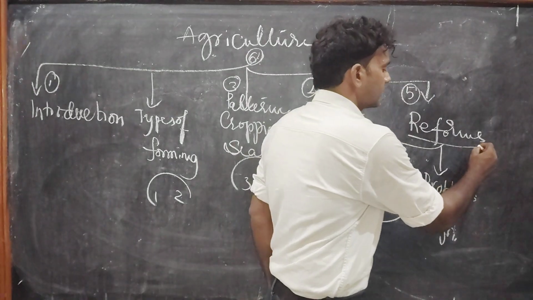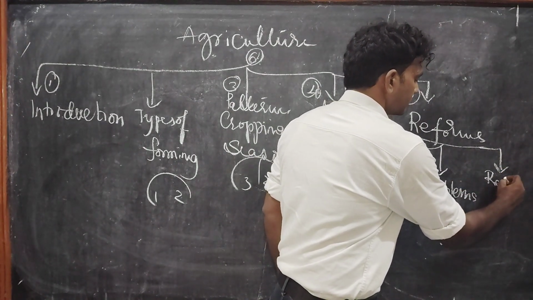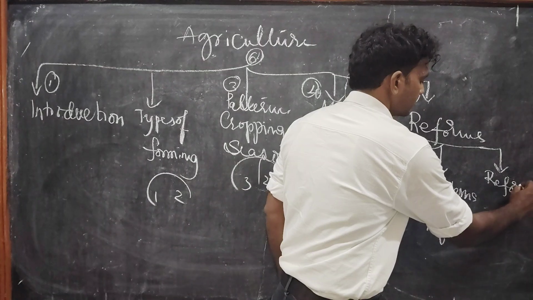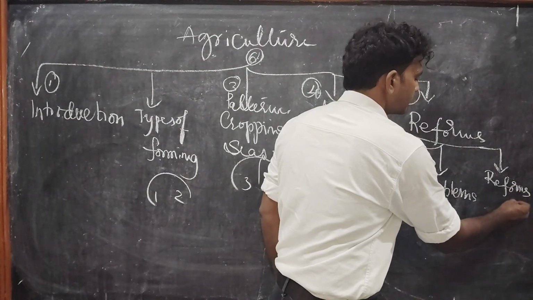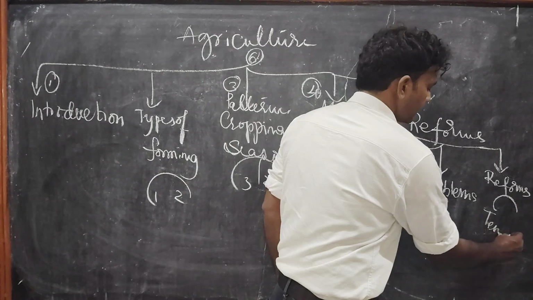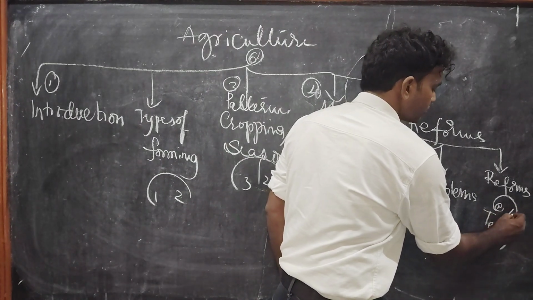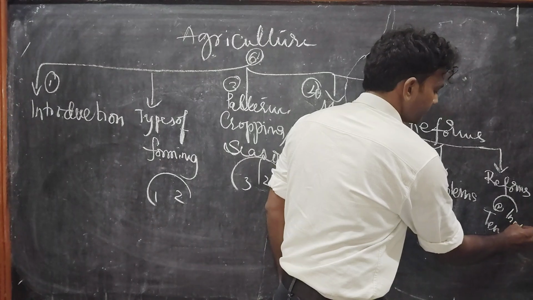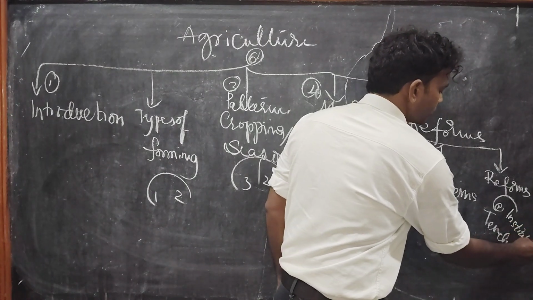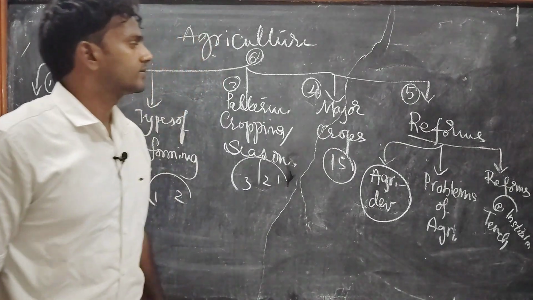And finally reforms. In these reforms, there are 2 types. What are those? Technological reforms, and the second one is institutional reforms. Is it clear? Okay.